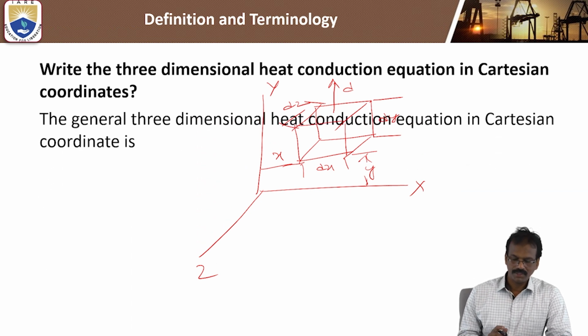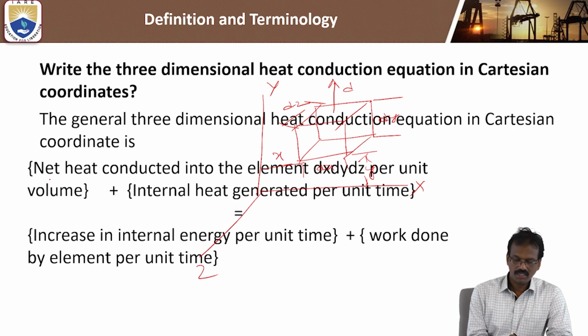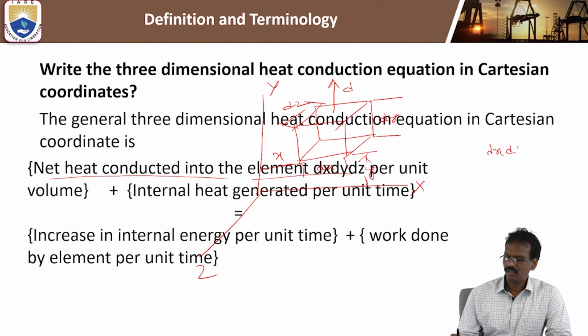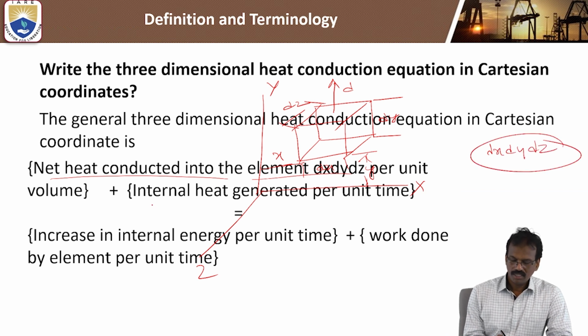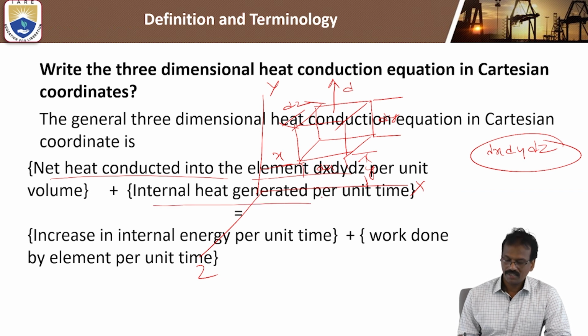The three-dimensional formula is: net heat conducted into the element, per unit volume dx dy dz, plus internal heat generated, small q into volume. Next, the increase in internal energy is rho Cp into volume dx dy dz. So these are the values.